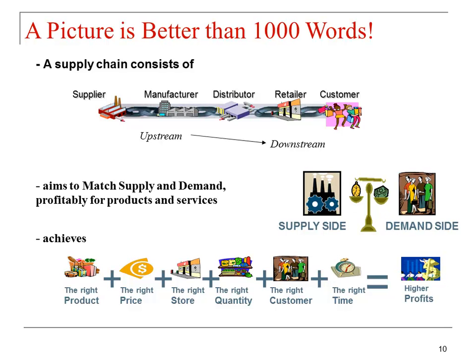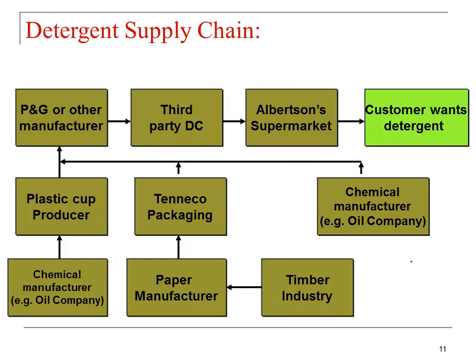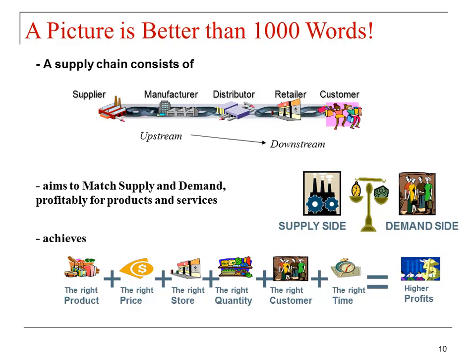So here's a picture that is trying to illustrate the supply chain. We have several components. We have a supplier, which is basically producing some of the components that you need to manufacture your product, and also the materials that you need to produce something. Then you have your company.